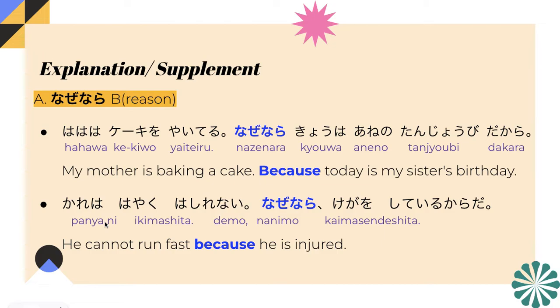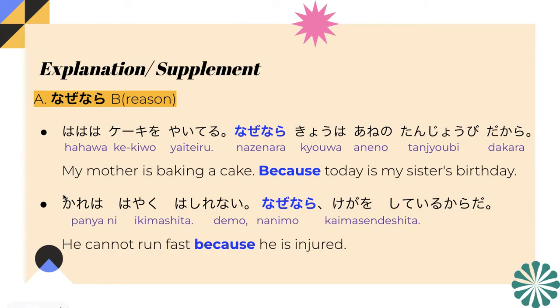To say this in Japanese, it would be 彼は速く走れない。なぜなら怪我をしているからだ。Sorry that I haven't switched the typing at the bottom, the Roman typing, so please ignore this.